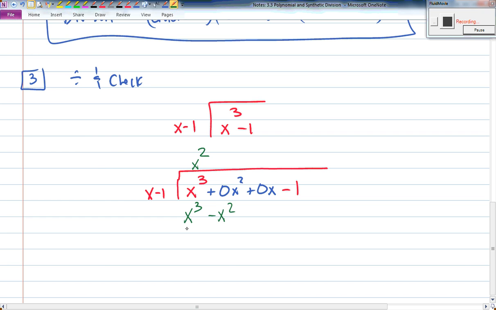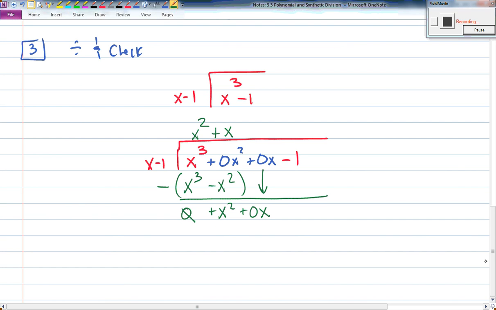We're going to subtract these. So x cubed minus x cubed gives me 0. X squared minus a negative x squared is positive x squared. Plus 0x. Does x go into x squared? Yes. How many times? Plus x.